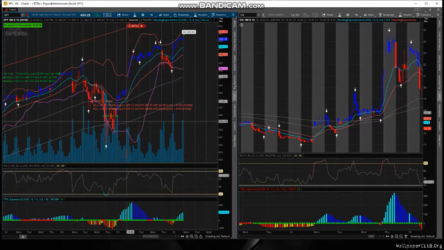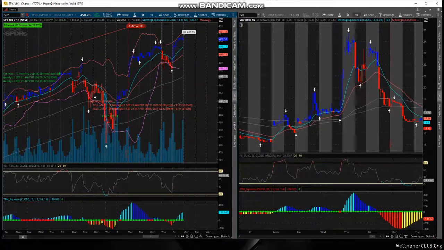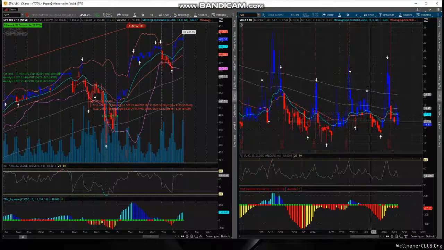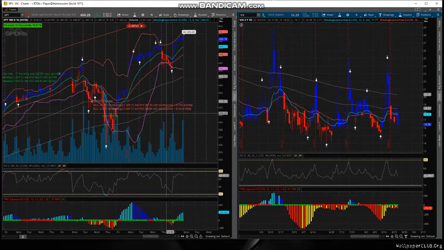Once options expiration happens, typically after that little spike in the VIX, if I go back to a daily, once it's done that spike, it then crashes and rolls off. Does the spike, then crashes and rolls off. It does it every single month nearly. So as that then rolls off for the next month, the markets recover and they then start going up.